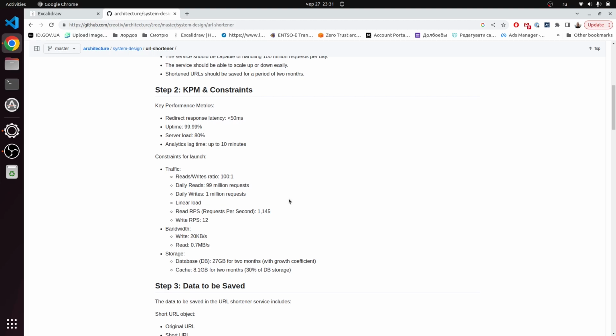We have read RPS of about 1000 something and write RPS of only 12. It's a very small number. Bandwidth is also pretty small, and only one network adapter will handle all this. If you look at our database storage and our cache, those are also not very big numbers, and one server can handle all this together.